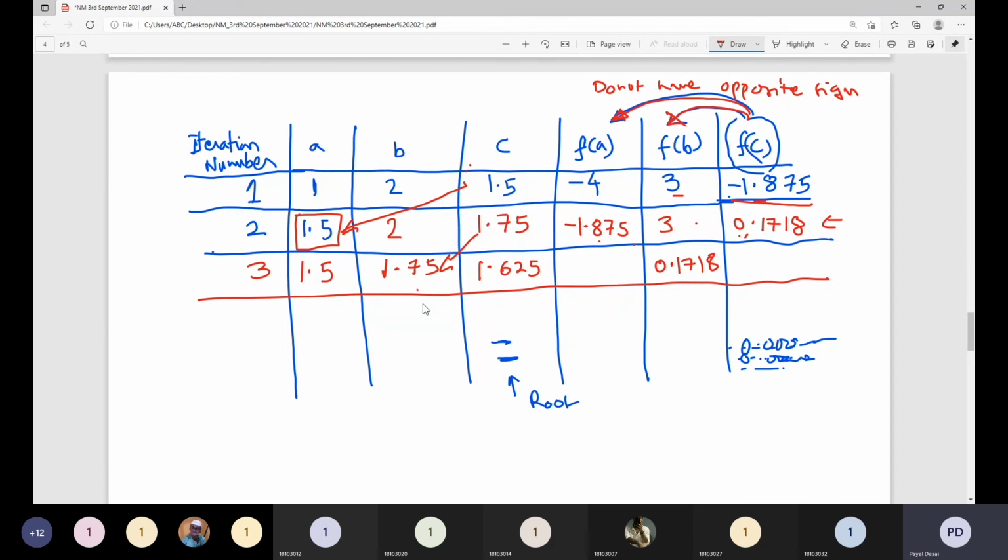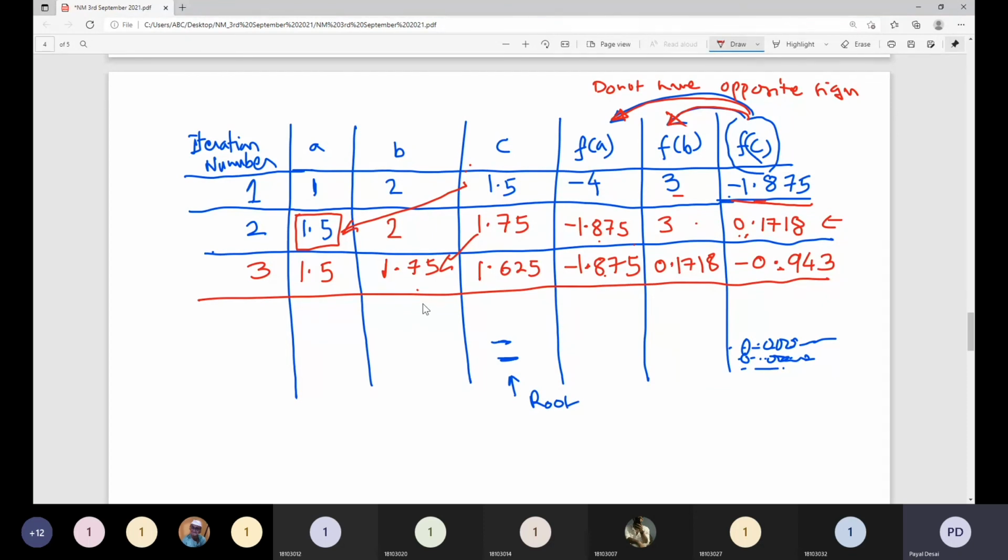So now you evaluate these two values, FA and FC. It's very simple. FC is minus 0.943. Yeah, correct. Ma'am, FA will be minus 1.875. Yeah, very good.